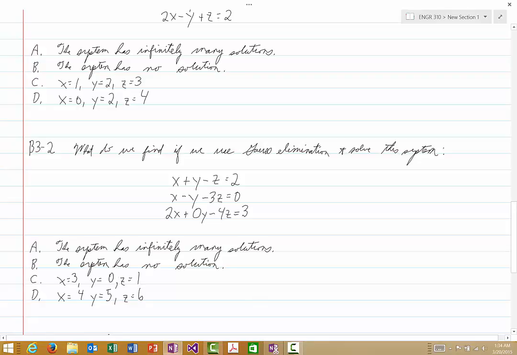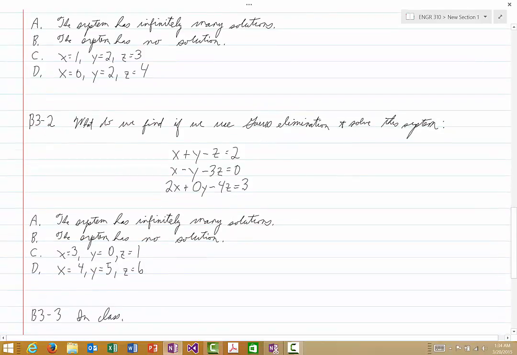And D, x equals 4, y equals 5, z equals 6. And finally, a third question, possibly more than that, but at least a third question will be given in the in-class portion of the quiz. So that concludes our lecture B3 on Gauss elimination, and good luck.